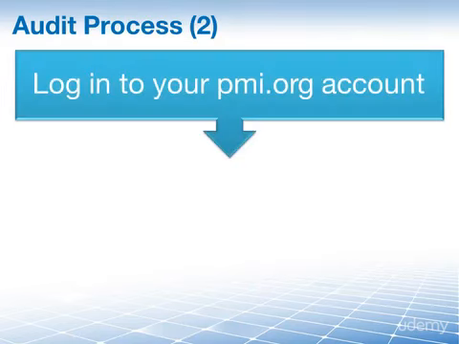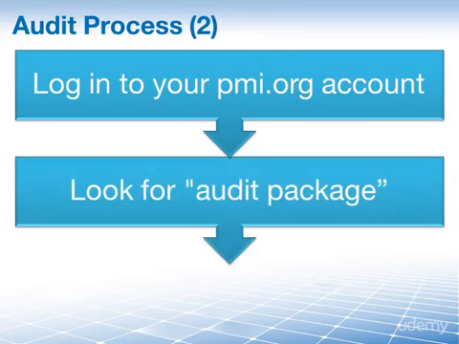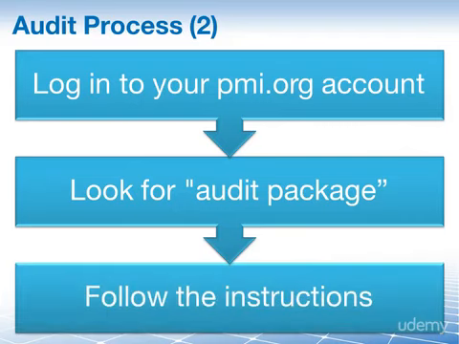After you get the info about being audited and then log into your account at PMI, you will find the audit package waiting for you. This package contains all the details that you have submitted in your application, and it also once again contains the instructions that you have to follow.